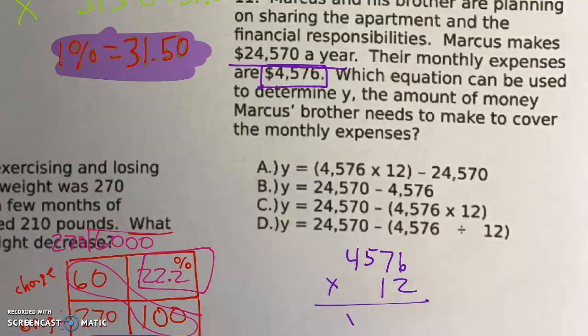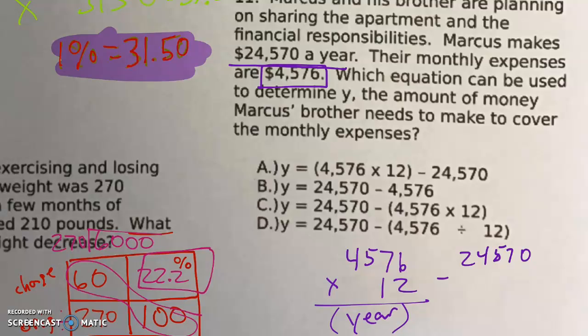So that would give us our year. Okay? And we're trying to find out how much his brother needs to make. Okay, so if Marcus makes $24,570, we would subtract the yearly expense, right?